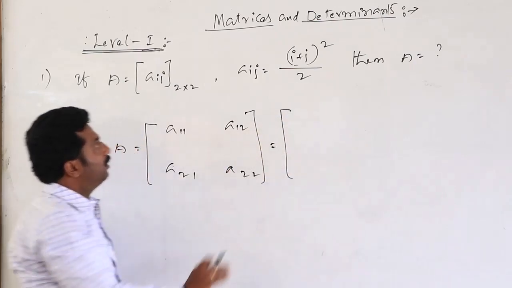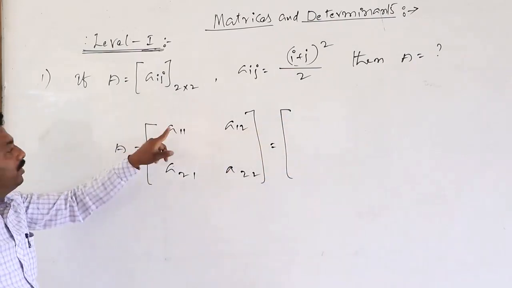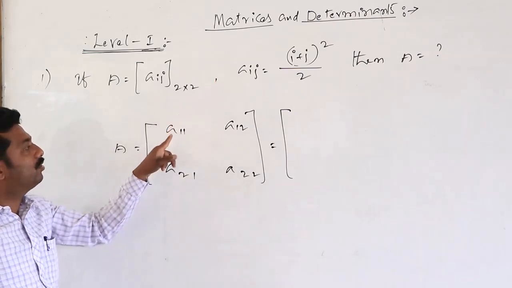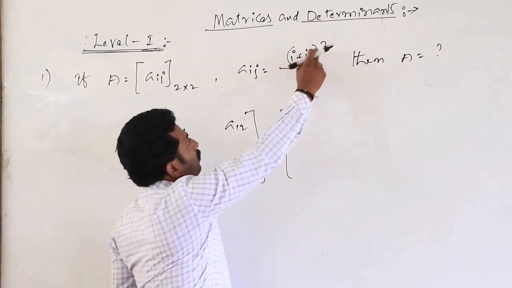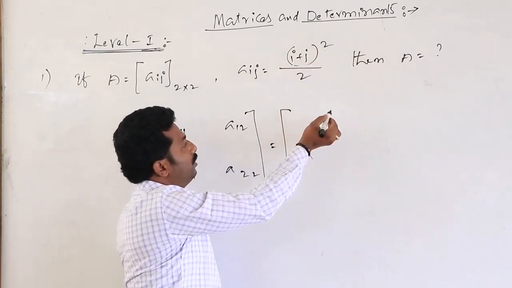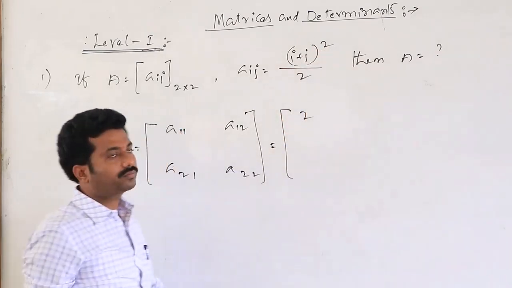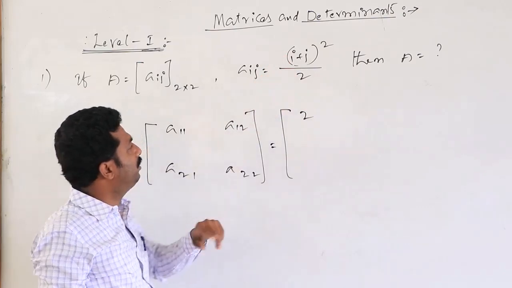Very clear, the suffix means (i + j) whole square by 2. a11 means (1 + 1) whole square divided by 2, that is 4 divided by 2.